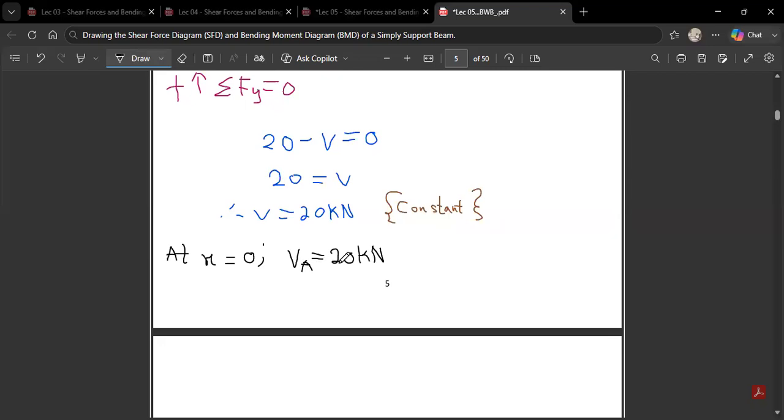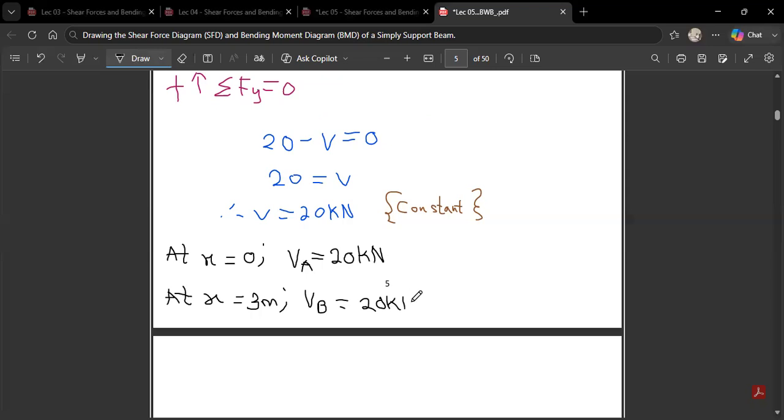Also at x equals 3 meters, our shear force at B is equal to 20 kilonewtons. As simple as that. You are good to go.